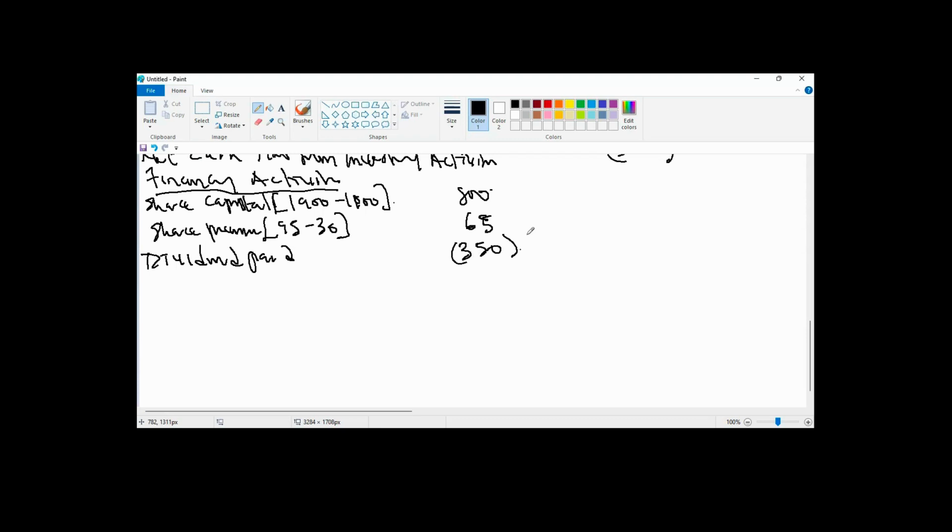Does it have a long-term loan? At the beginning, 500. Next, finance cost. There is interest payable in the current liability. At the beginning it is 25.